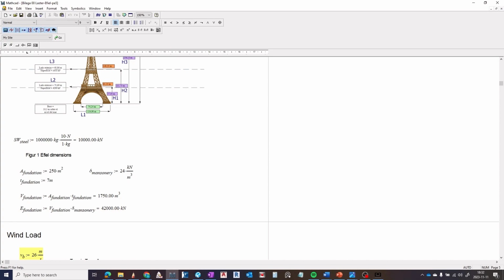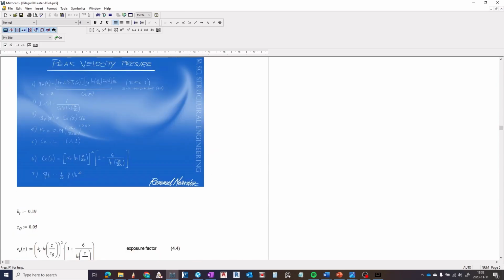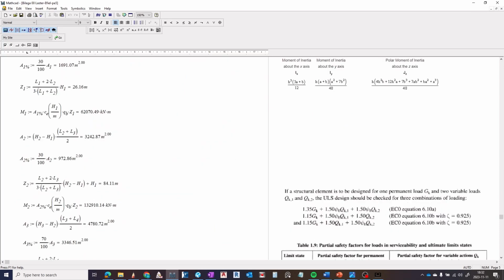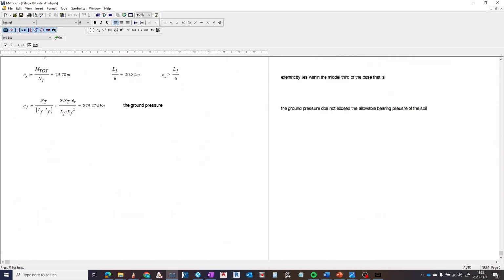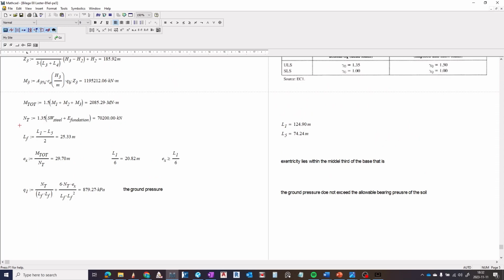As you can see, a density of 24 kilonewtons per cubic meter. Sorry, you get that information, and of course you get 70,200.0 kilonewtons.